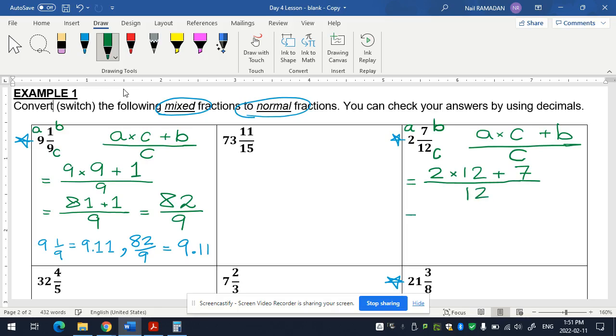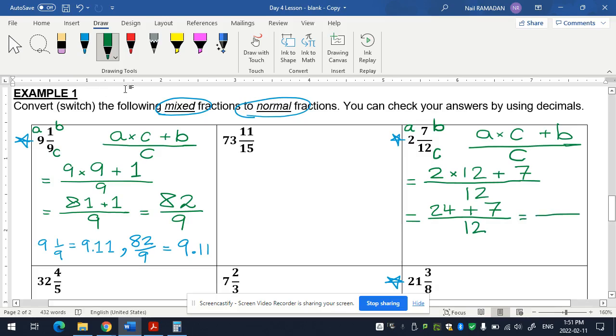Almost there. 2 times 12 is 24, plus 7 is 31, so my final answer is 31 over 12.